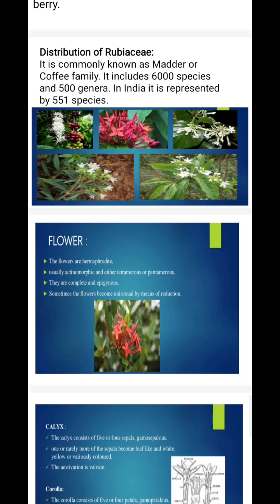They are complete and epigynous. So these flowers have the whole ovary covered by the receptacle, so they are epigynous.